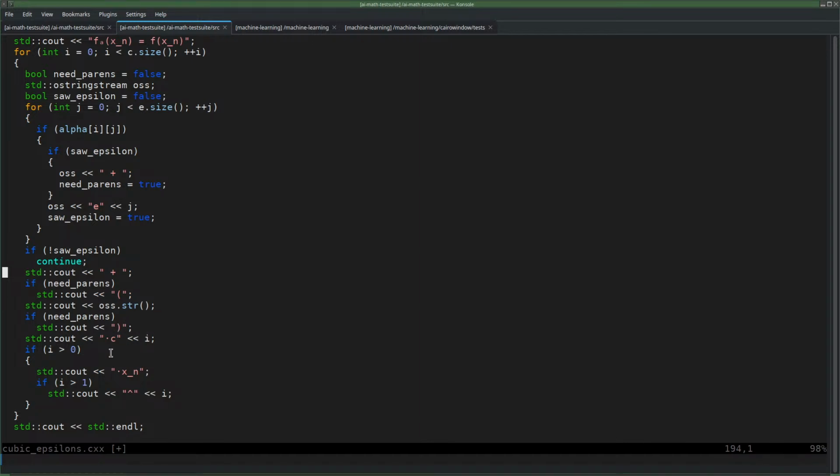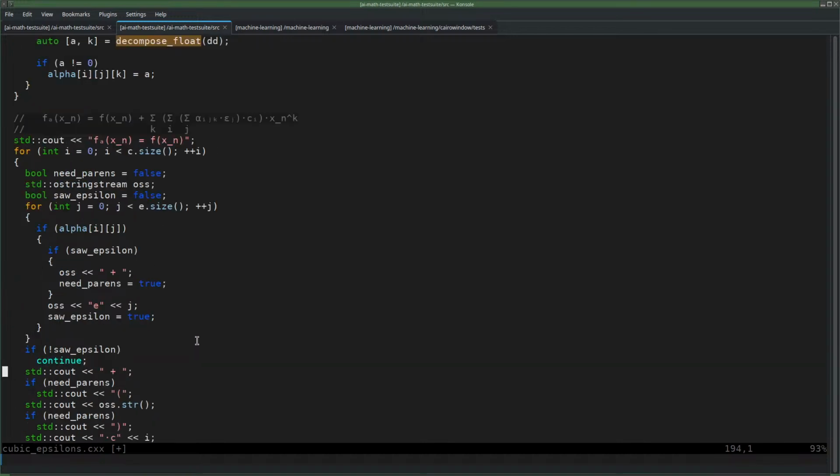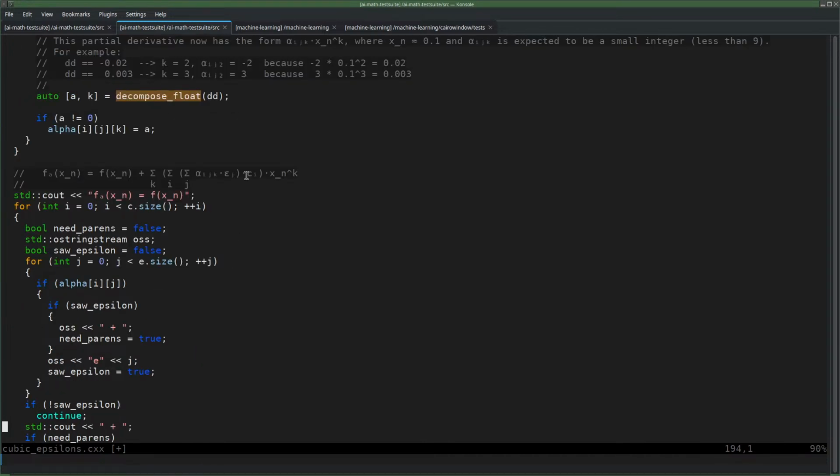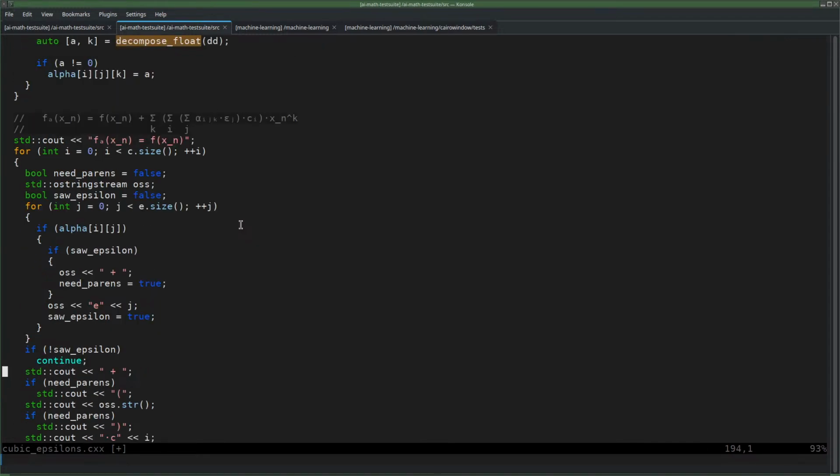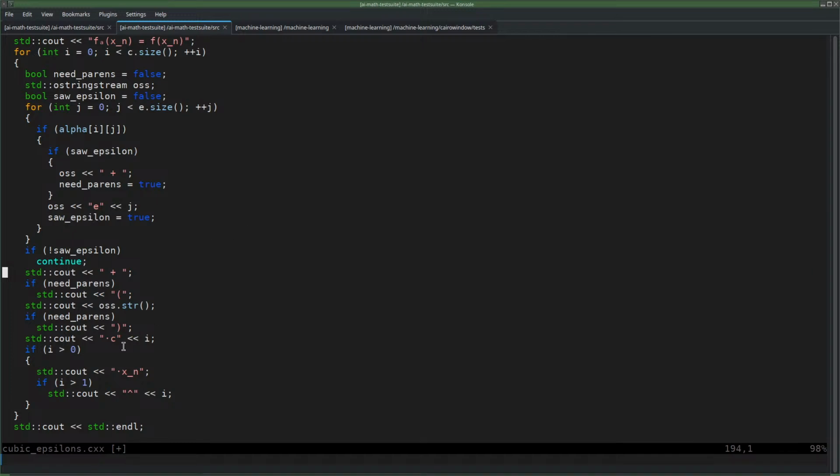And then we print the C with its index, that would be that one. I should just do the whole thing. And then we do this, but the I here is of course K.